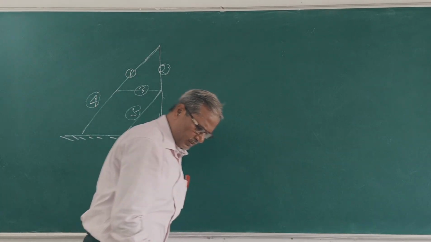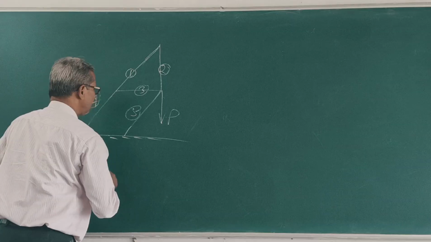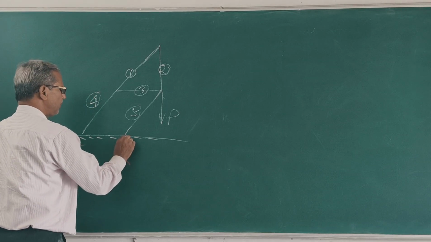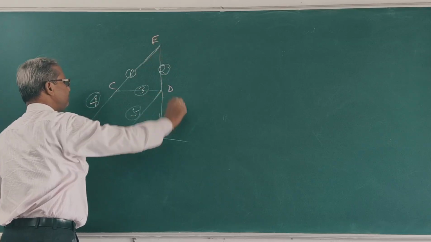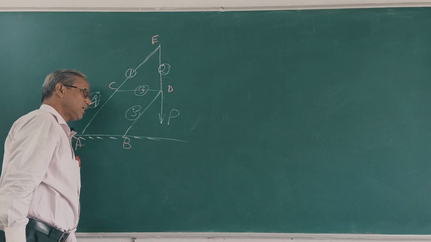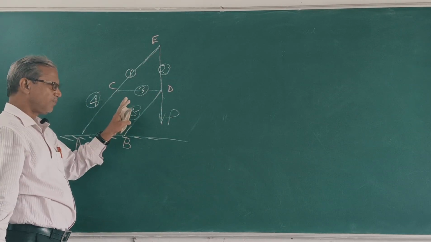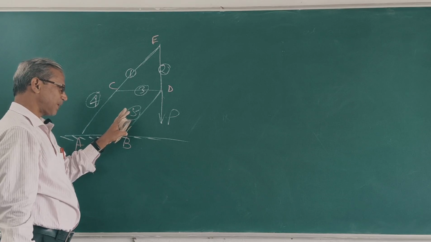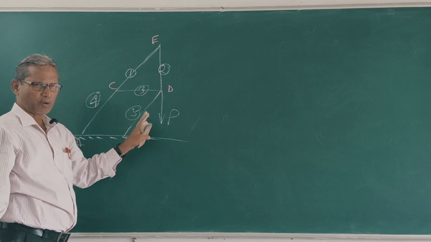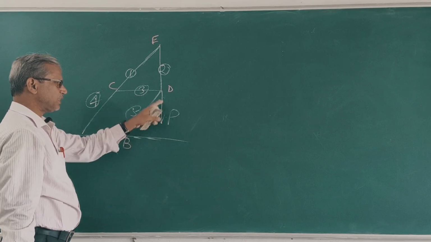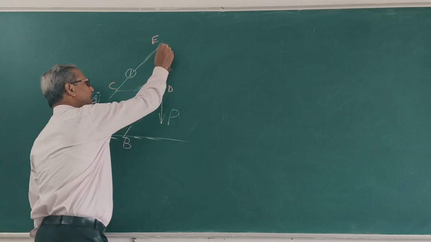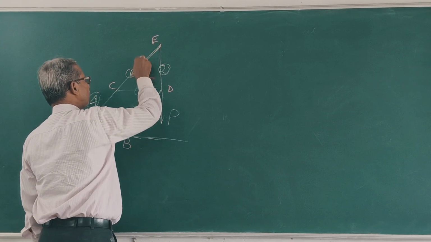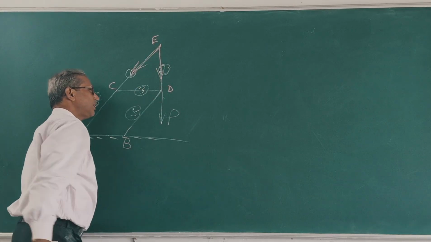This is A, B, C, D, E. So in this question, find the forces in all members of the truss. Force P is given at point D. In this question, at point E, only two forces, S1 and S2.